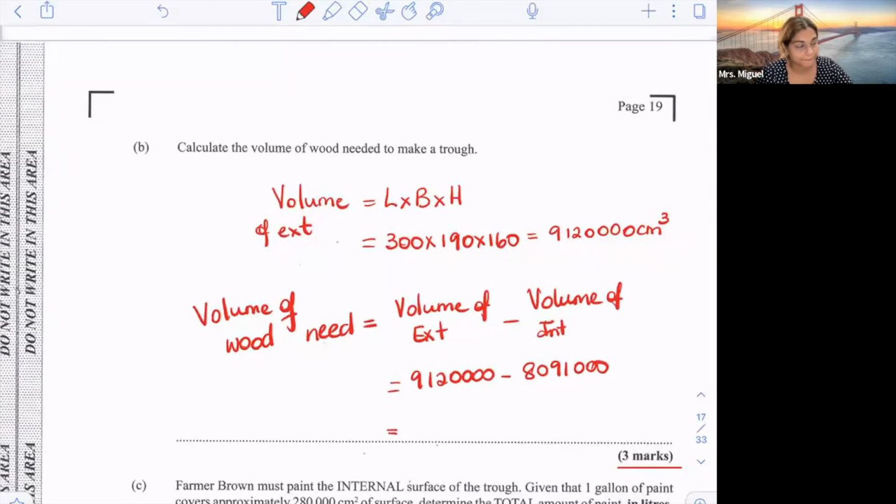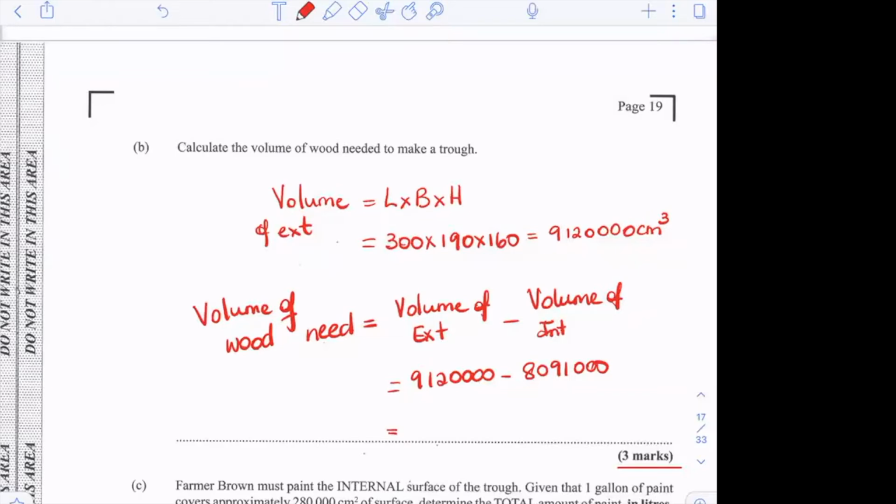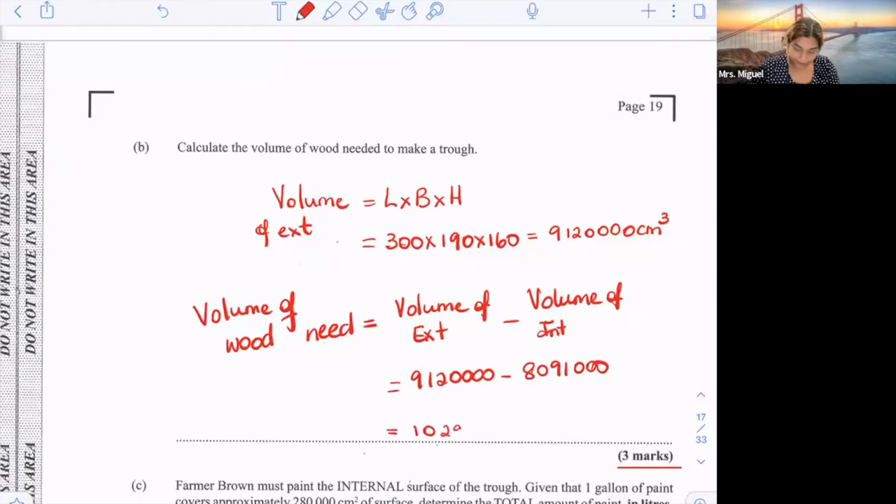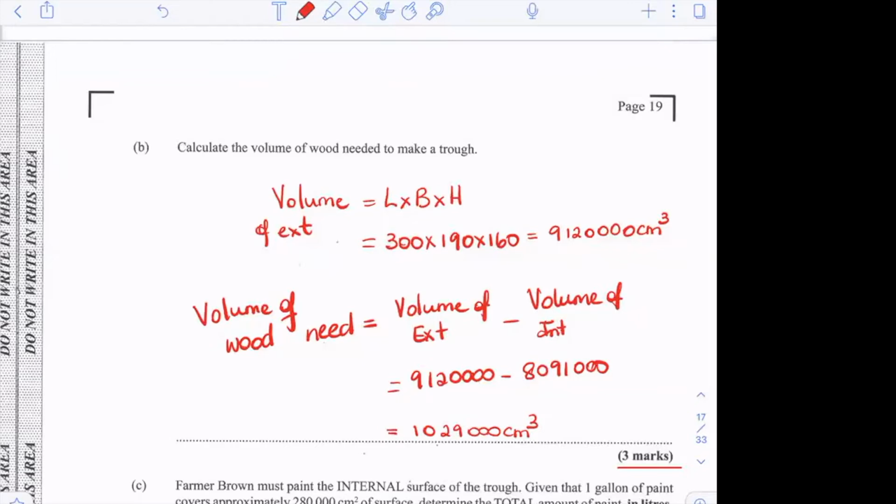See what you get. 1,029,000. Right? Did Charissa or Rihanna, any one of you get that? Yes. Okay.